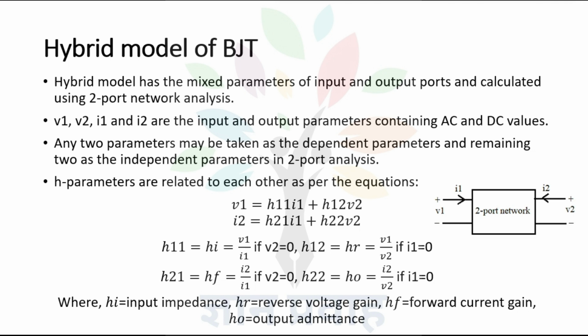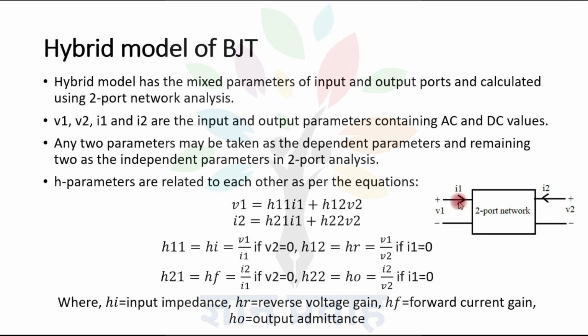In two-port, the block diagram is given here. It has two ports: one is the input port, the second one is the output port. So for input and output ports, we require two terminals. In a transistor, we have three terminals and we can use one terminal as a common to model the transistor as a two-port network.